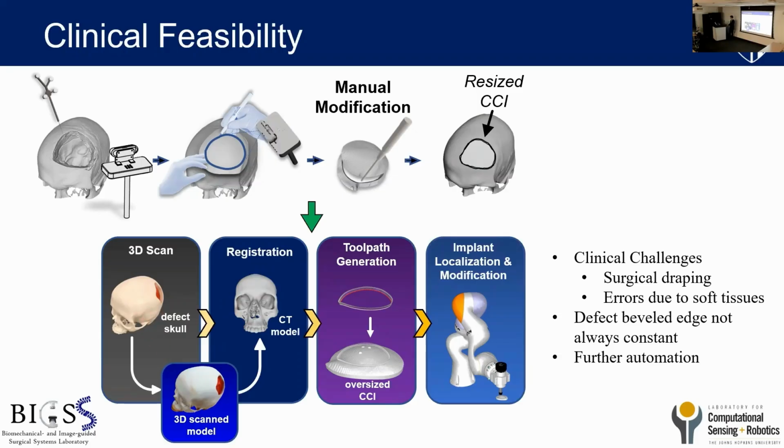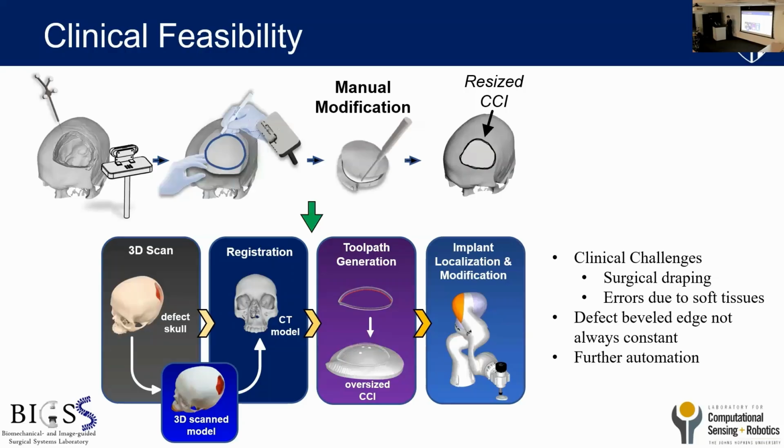When dealing with real patients, soft tissues cause registration errors. Also, the defect may not have a constant tilting angle, the beveled edge. And for the robot, it requires a user to passively hand guide it to touch the implant to localize the implant, which is slow.